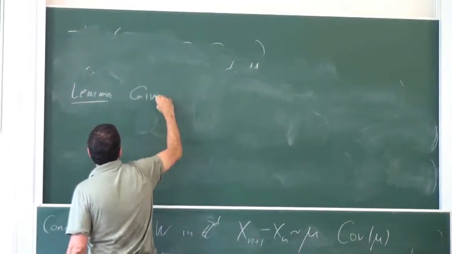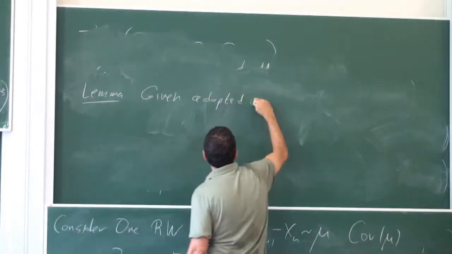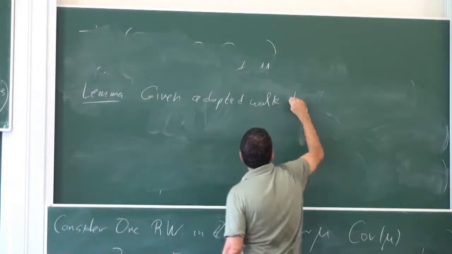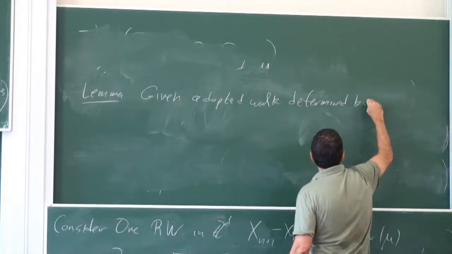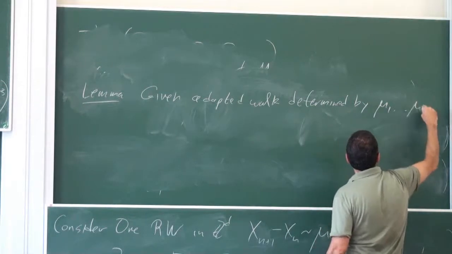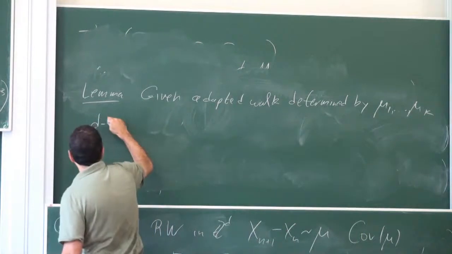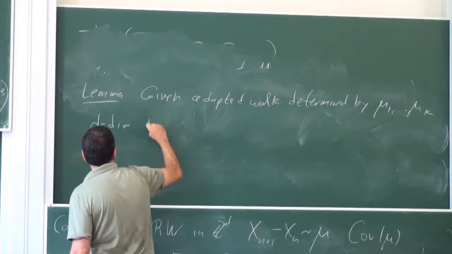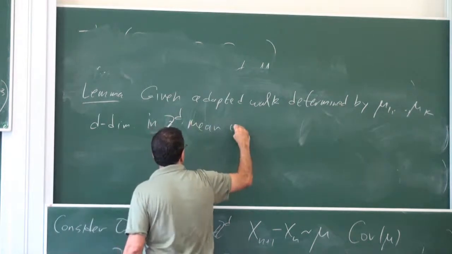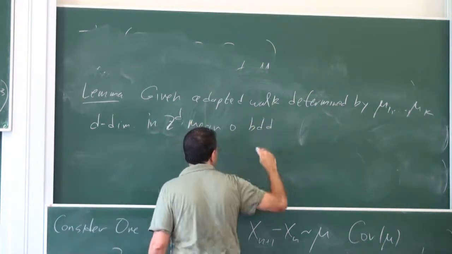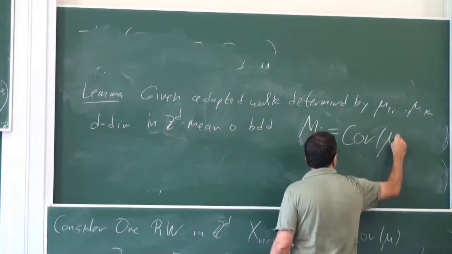Given an adapted walk determined by the measures mu 1 up to mu k, and I will repeat, all these measures are d-dimensional in Z^d, mean zero and bounded support. Let's write M_i for the covariance matrix of mu i.